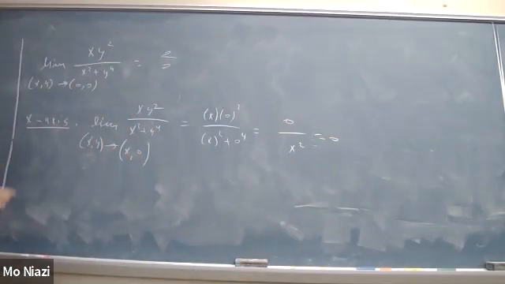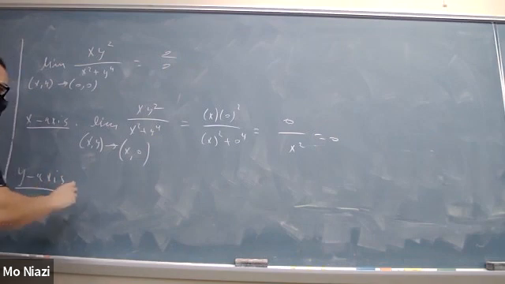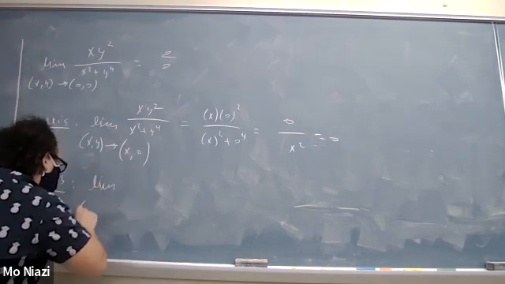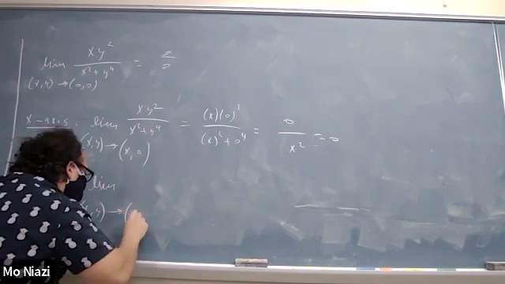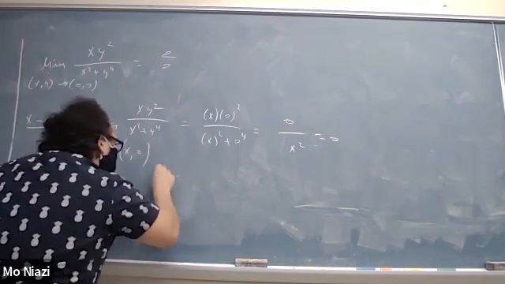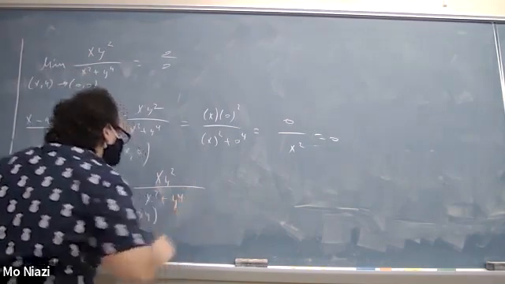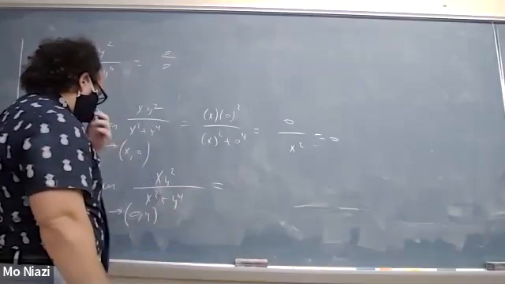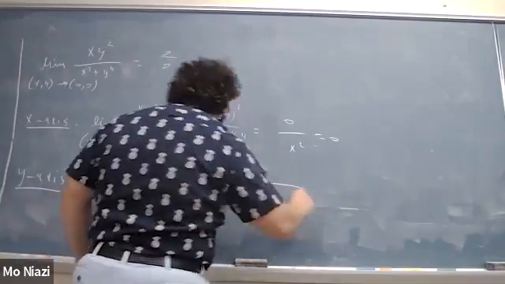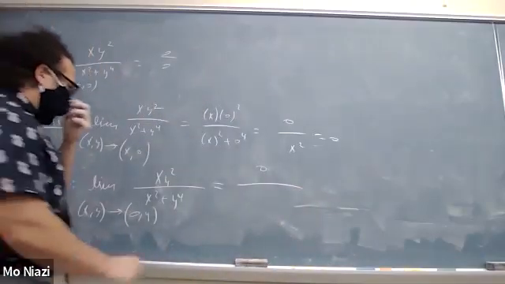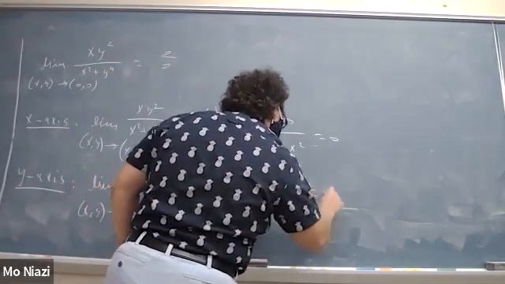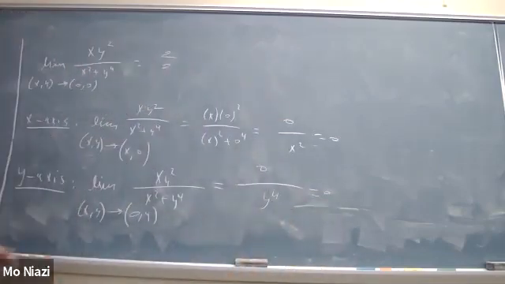Wow. How about I approach it along the y-axis? Let's see what happens here. So I get the limit as x, y approaches 0, y of x y squared over x squared plus y to the 4th. Okay, this becomes 0 at the top, and the bottom just becomes y to the 4th. Oh, that's 0. But we know from our previous experience that this is not time to celebrate yet.